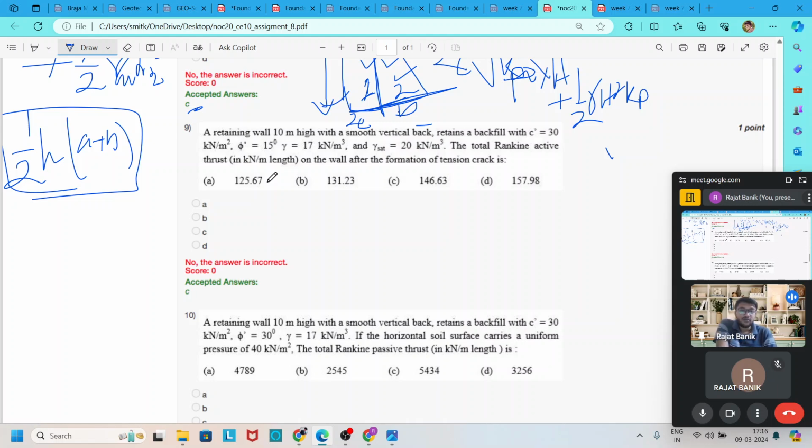Gamma sat is 20 kilonewton per meter cube. Find the total Rankine active thrust on the wall after the formation of the tension crack.